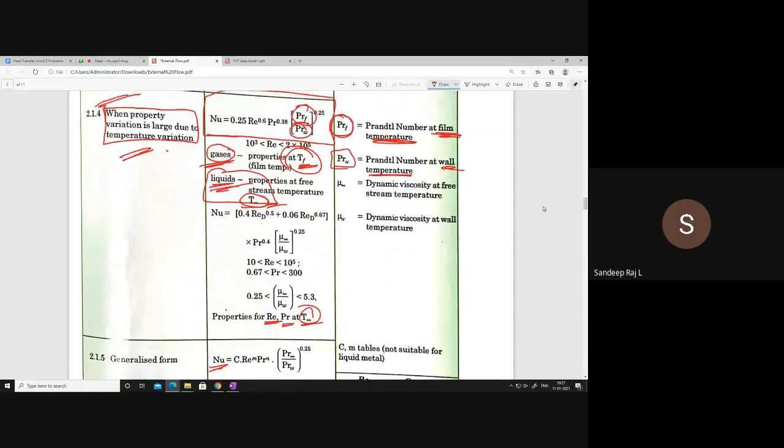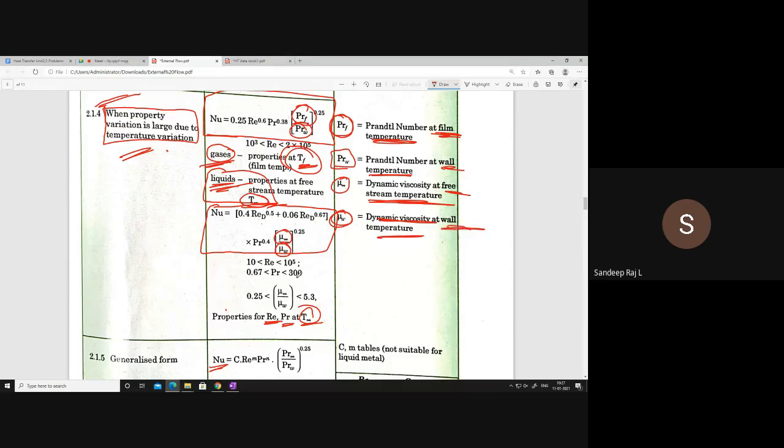In the data book itself, they are given like this. Based on the situation, you have to choose. This is one formula. There is another formula here, in which you have mu infinity and mu w: mu infinity is the dynamic viscosity at free stream temperature, and mu w is the dynamic viscosity at wall temperature.